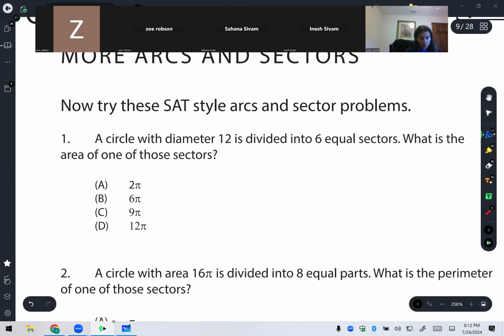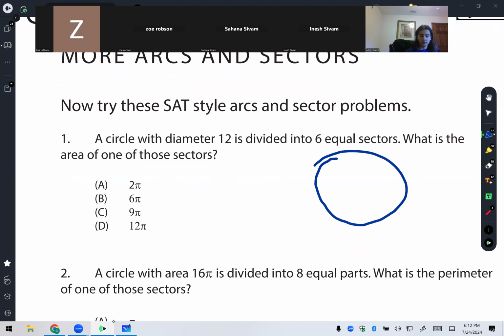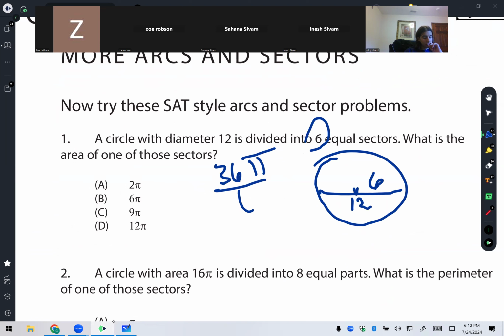Let's try this one. A circle with a diameter of 12. So the radius is 6. So the whole area is 36 pi. We're just dividing by 6 sections. So the pizza slice of a sector would just be 6 pi.